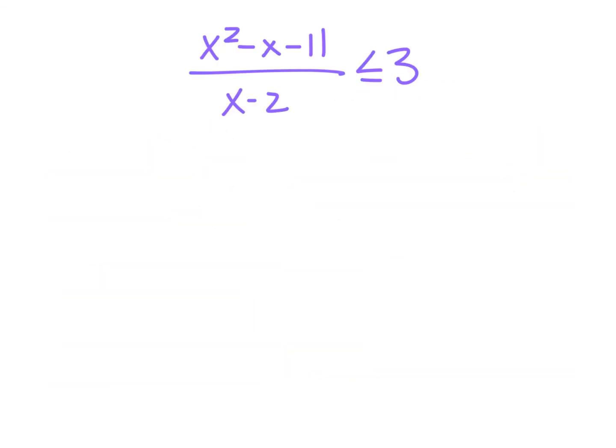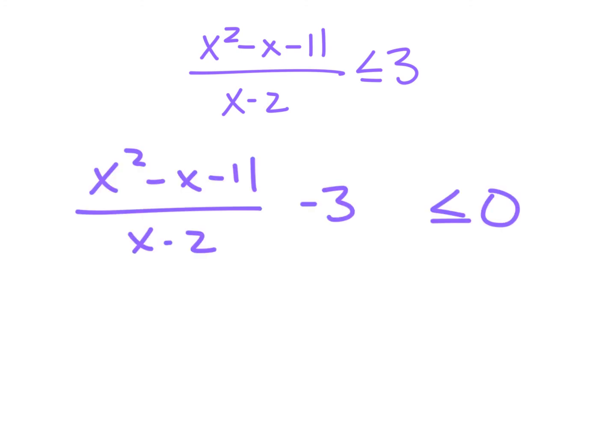All right, so let's try it one more time. Here's x squared minus x minus 11 over x minus 2 is less than or equal to 3. And we've got to start by making this 0, so I'm going to start by subtracting 3. So it's obvious that we can't add the fractions yet because this isn't divided by x minus 2. So I'm going to multiply by x minus 2 over x minus 2.